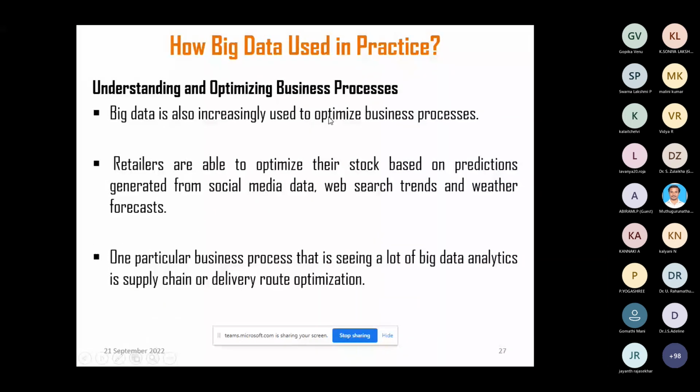Right. Coming to this, another area is optimizing the business process. This is again being used by many companies. As one example, let us consider Amazon, an online shopping company. The company has to decide how much stock they are supposed to maintain in a year and sell. Consider that it is the new year 2023.